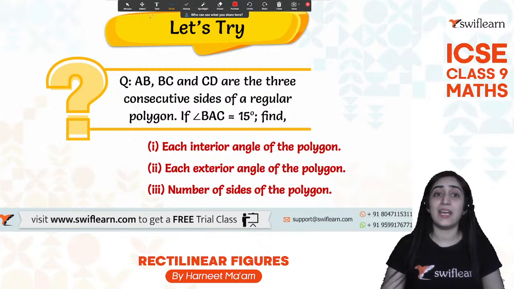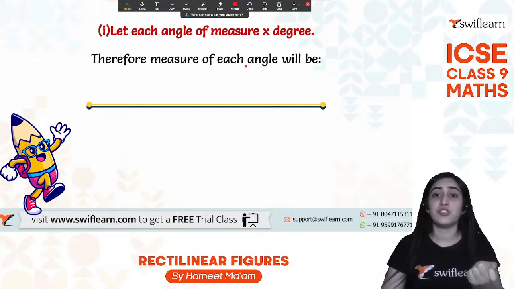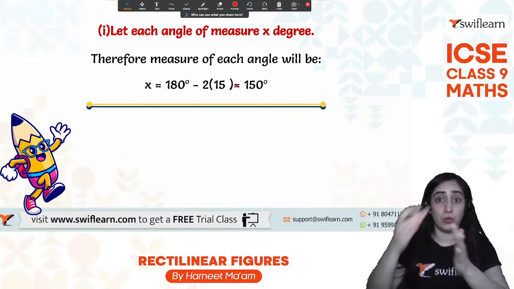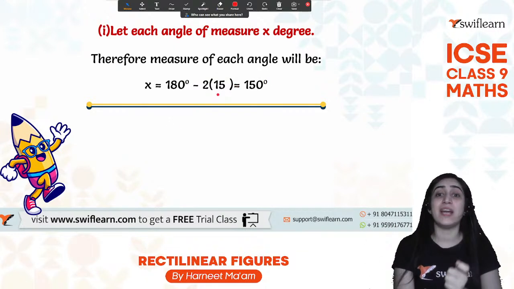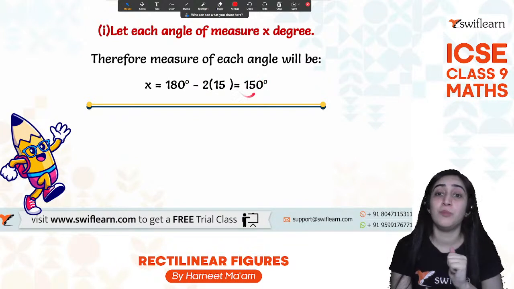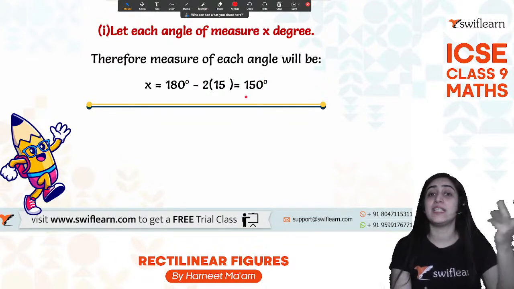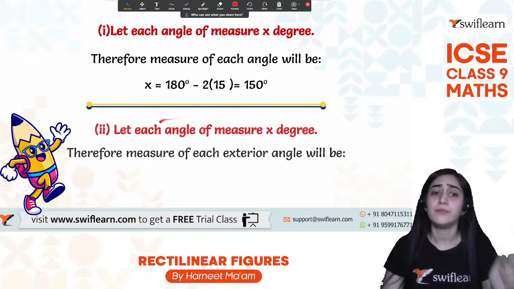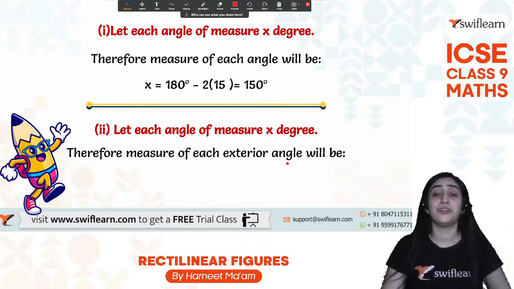So in that case, BAC is 15 degrees, so each angle measures 180 degrees minus twice 15 degrees, because that angle comes in between, so it gets doubled. That gives me minus 30 degrees, so what is the value of x? 150 degrees. We subtract twice it from 180 degrees and get 150 degrees. Now the second part says if each angle measures x degrees, what is the measure of each exterior angle?